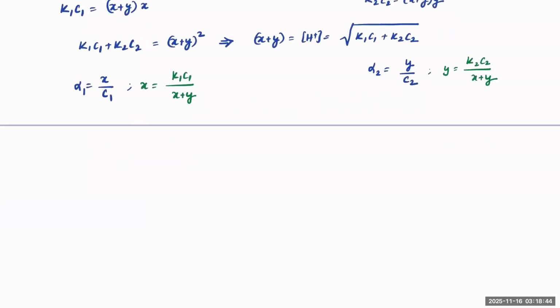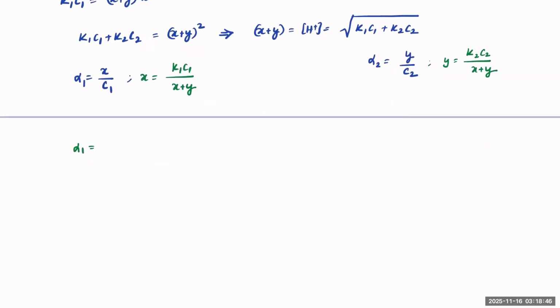Therefore, alpha 1 will be equal to K1 C1 by C1 into (X plus Y), and alpha 2 will be equal to K2 C2 by C2 into (X plus Y).